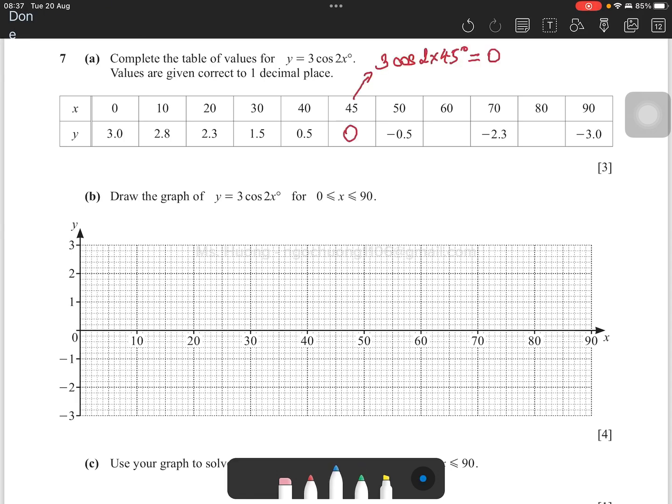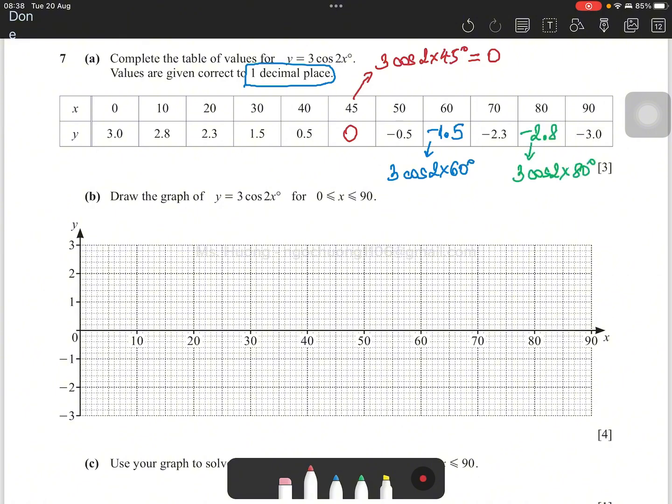And for the second value 60, we find that 3 cos 2 times 60 degrees is equal to negative 1.5, because we need to write the answer correct to 1 decimal place. And finally, 3 multiplied by cos 2 times 80 degrees is equal to negative 2.8.